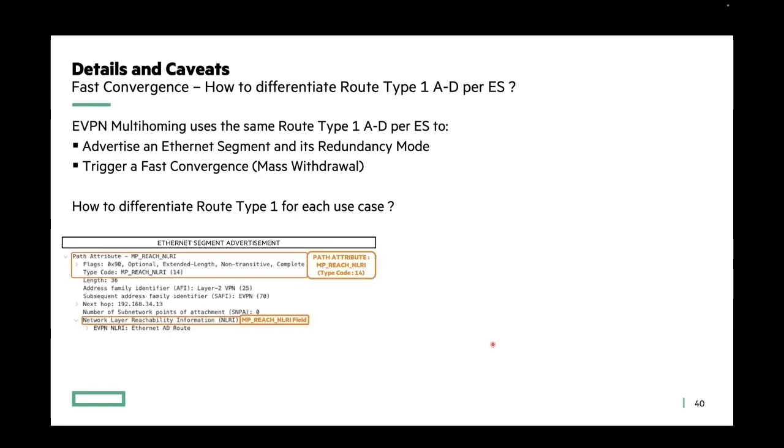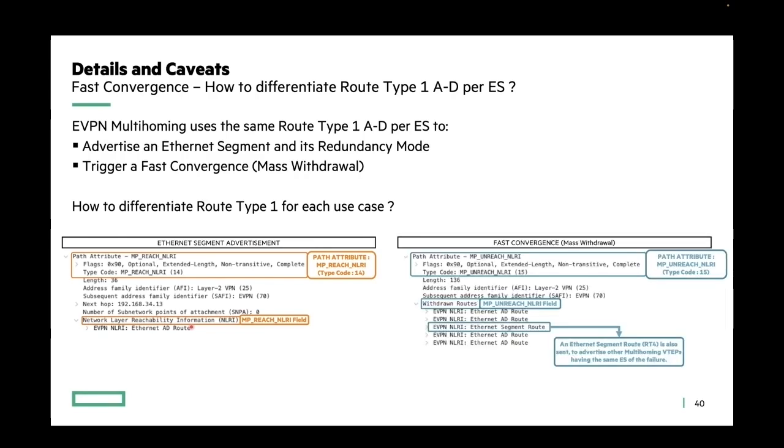First, when we advertise an Ethernet segment, the path attribute which is used is MP reach NLRI, and it uses the field NLRI. On the other hand, when it is used for fast convergence, the path attribute is set to MP unreach NLRI with a field withdrawn route.